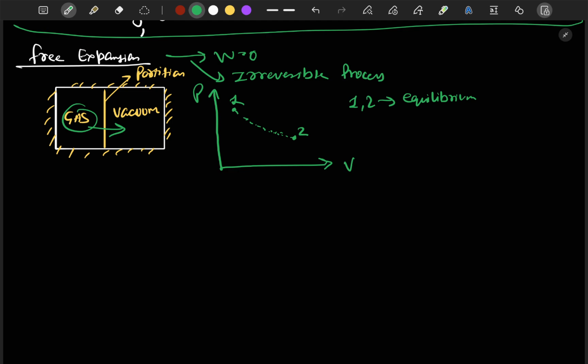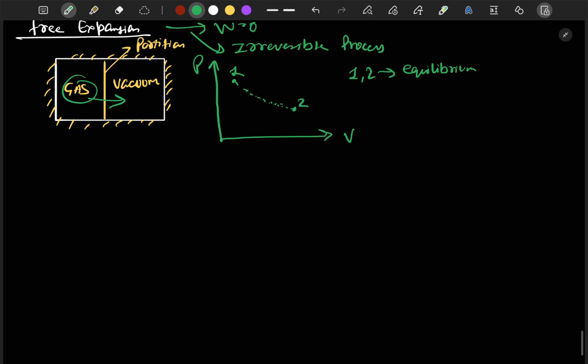One more thing: if you want to create such a system, it is also expansion against the vacuum, but there you should be able to use PdV work. You can install an infinite number of partitions. This is only a theoretical concept, but you can install an infinite number of partitions and start removing them one by one.